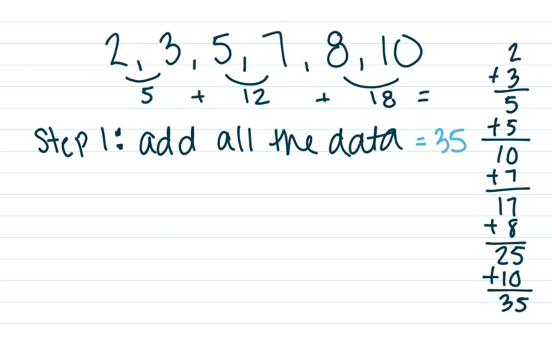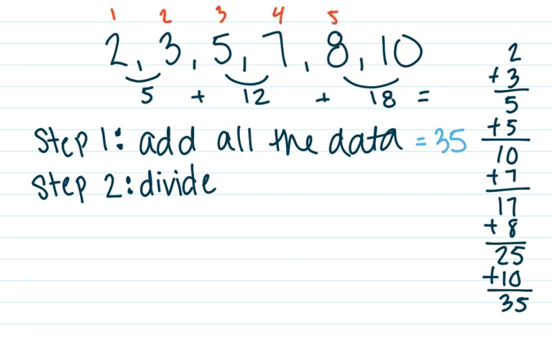The second step then is to divide. And we're not going to divide by just anything. This number that we divide by is going to depend on how many numbers are in your data set. So for this problem, I'm going to divide by 6 because there are 1, 2, 3, 4, 5, 6 numbers in my data set.